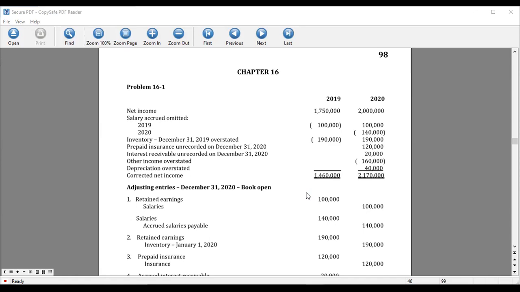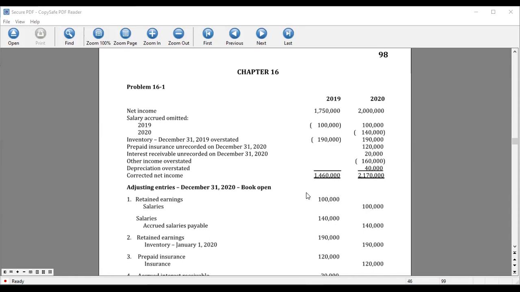So to correct, we have to deduct from the 2019 net income and add it to the 2020 net income, because if the salary accrued was omitted in 2019, it was just recorded in 2020 upon payment of the accrual.